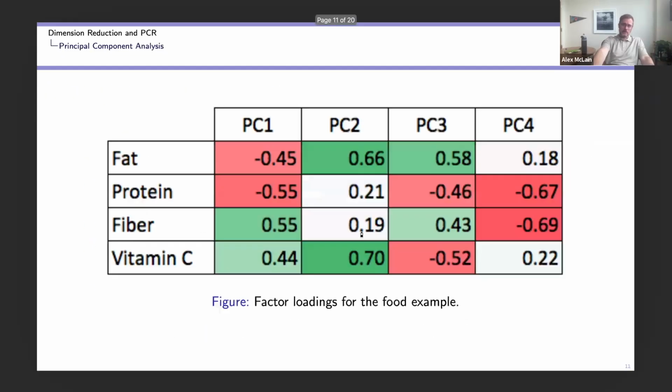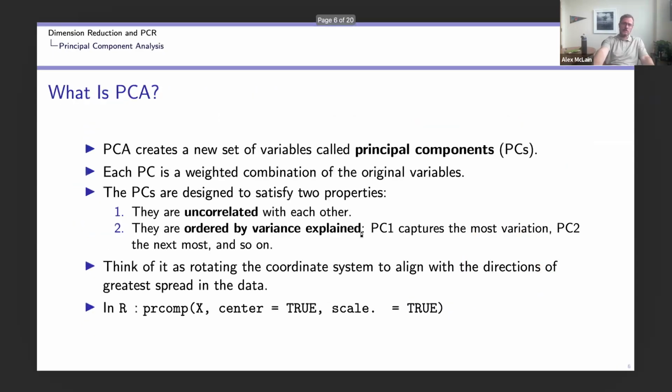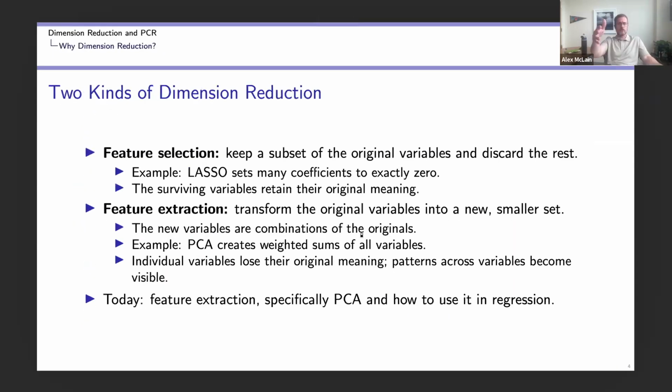So this is a big difference between feature selection and feature extraction. Feature selection, you end up with a subset of variables that are related to some outcome of interest. Those are going to be particularly chosen because of their relationship with some binary or continuous or survival type outcome.